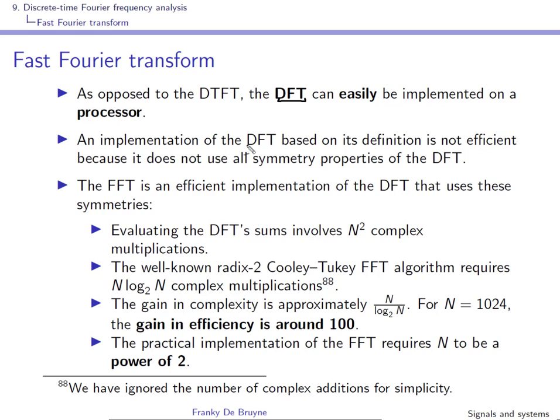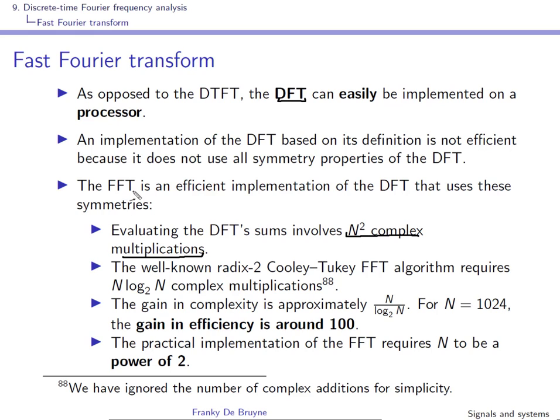If you try to implement the DFT based on its definition, it is not very efficient because you do not use all the symmetry properties of the DFT, and evaluating the DFT involves N squared complex multiplications, where N is the number of data points in your DFT.